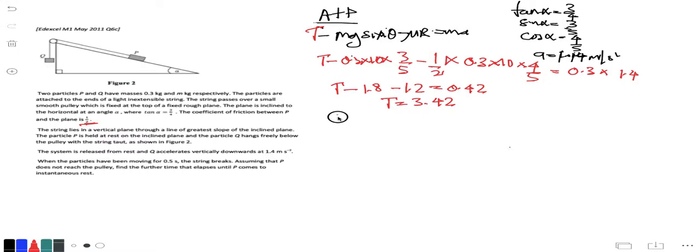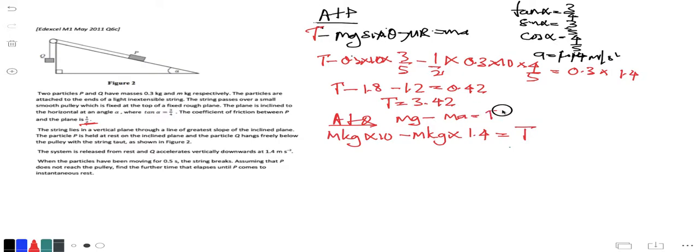At Q, what's happening? At Q we have m times 10 minus m times 1.4 equal to T. So at Q it is mg minus ma equals T, or mg minus T equals ma.